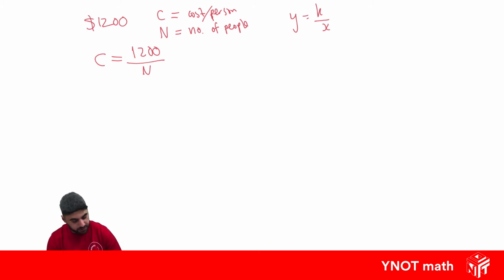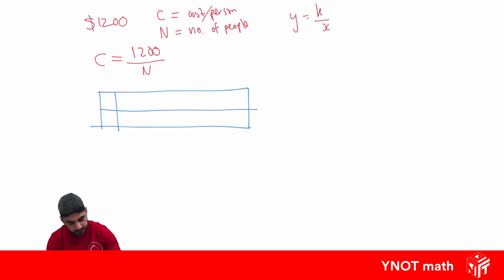So let's see if we can come up with a graph for this. We're going to do this by making a table of values. Up here, and the subject always at the bottom, let's go 1, 2, 3, 4, 5.